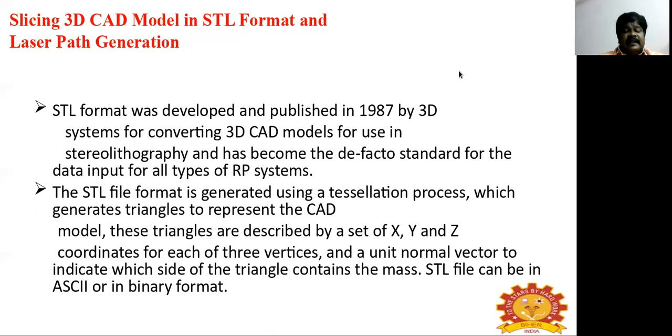The data of the STL file can come from a variety of sources: the CAD model, surface quilt, MRI, magnetic resonance imaging, X-ray images, laser, and digitizing arm scans. From all these, the data can be retrieved.